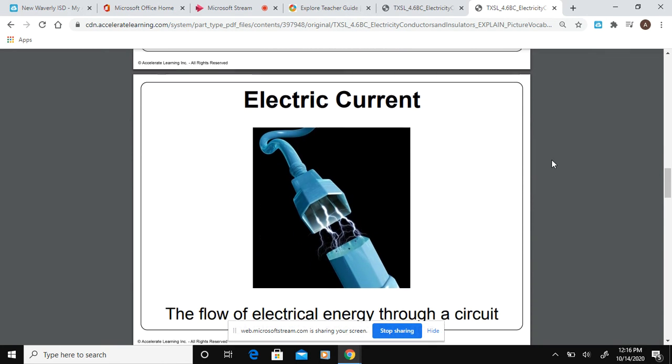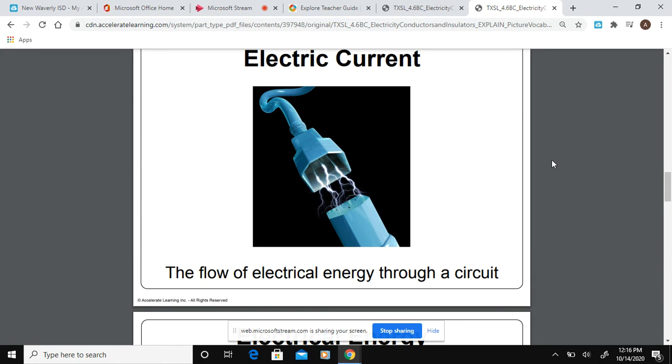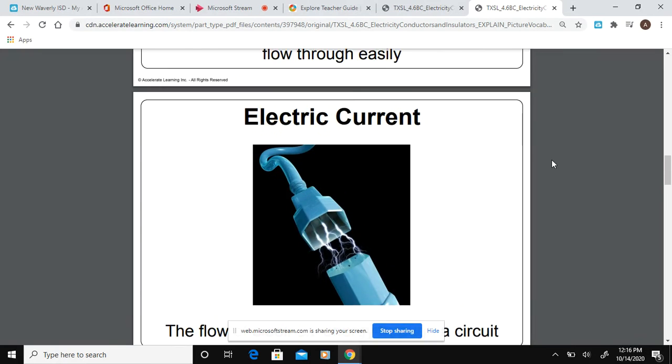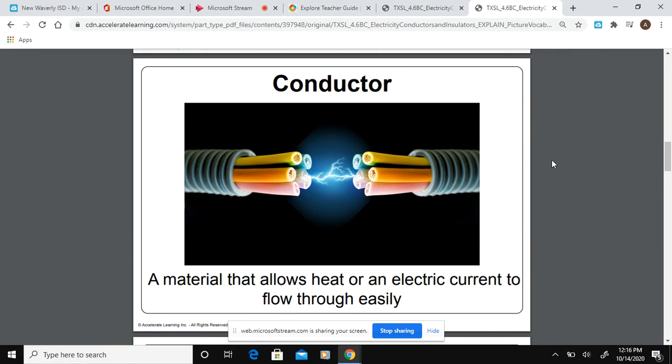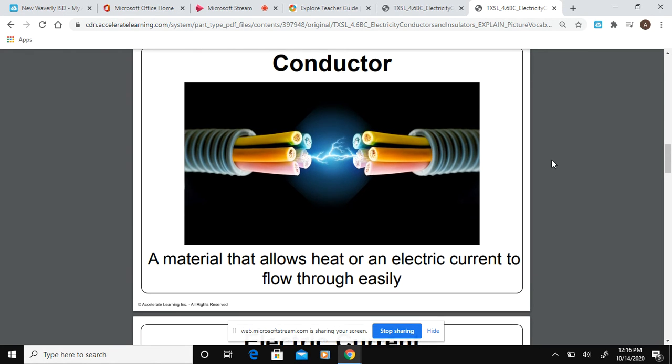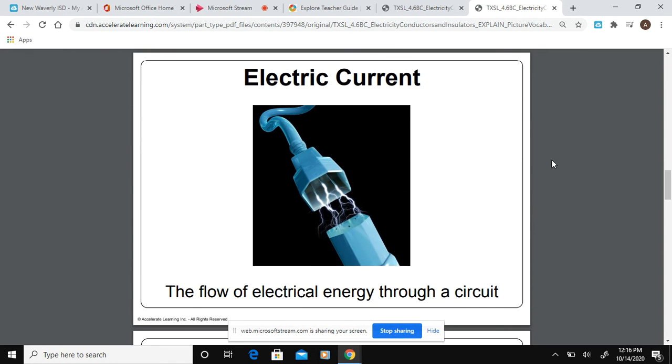Next is electric current. Electric current is the flow of electrical energy through a circuit. A conductor is a material that allows heat or electric current to flow through. The difference between those two is allowing heat to go through versus the electric current.